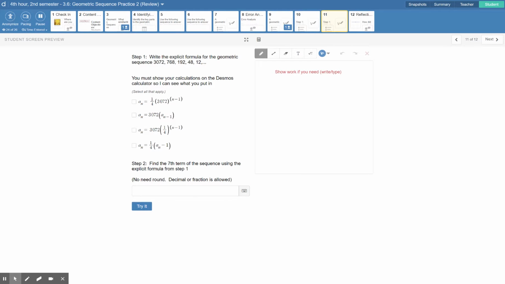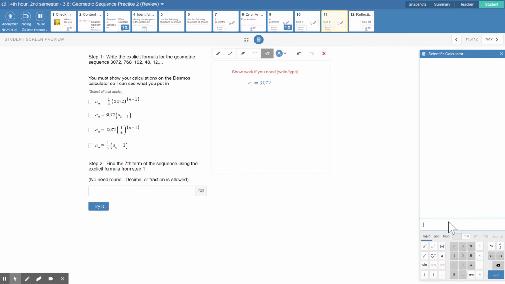And then you're going to do the exact same thing for slide 11. So slide 11 says the starting term, our initial value, is 3072. I'm going to work backwards to find the common ratio. Notice it's common, so our r equals either 0.25 or 1 over 4.